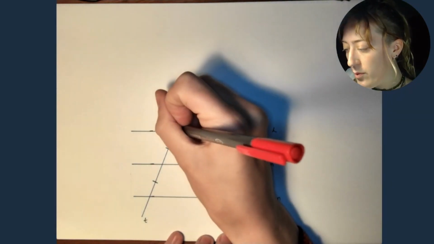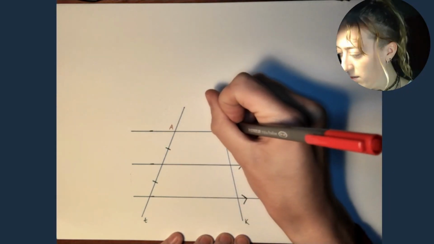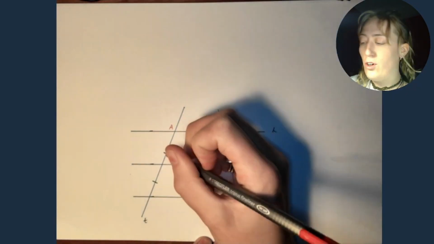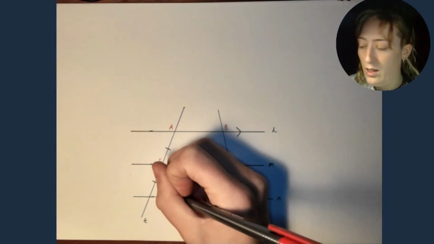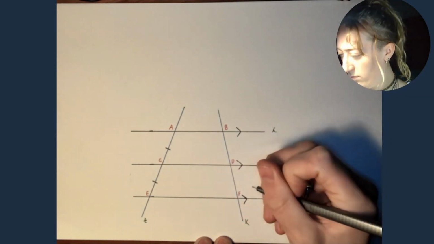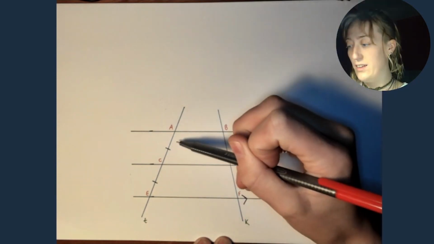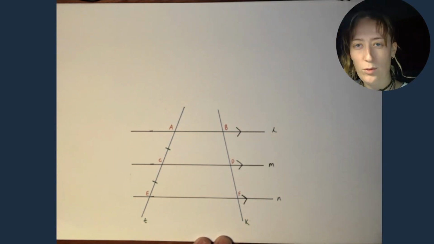Now labeling, I'm going to call this A, I'm going to call this B. This is where the transversal is crossing the parallel line. I'm going to call this one C, D, E, F. Okay, where the transversal T crosses parallel line L is A, where the transversal K crosses parallel line M is D, right? That's what those markings mean.